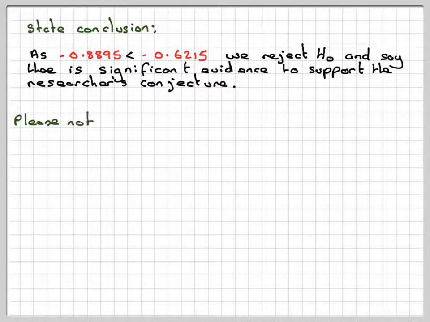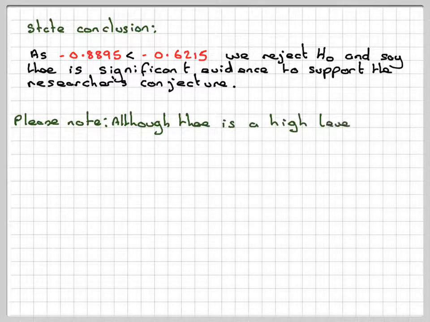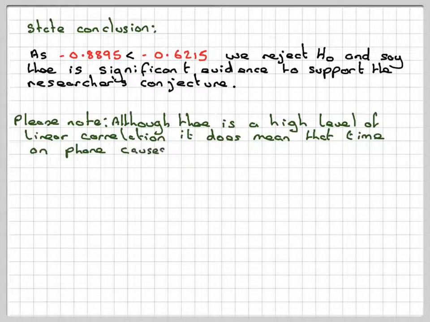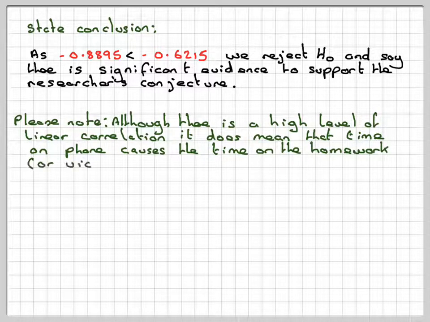We should just perhaps note at this stage, although there is a high level of linear correlation, it does not mean that time on the phone causes time on the homework, or vice versa.